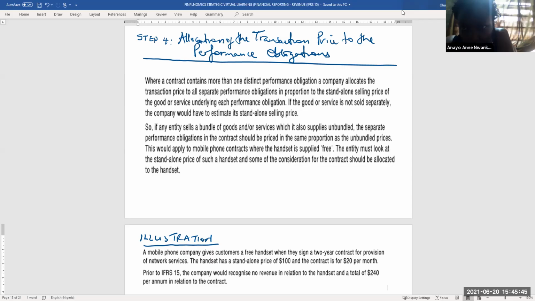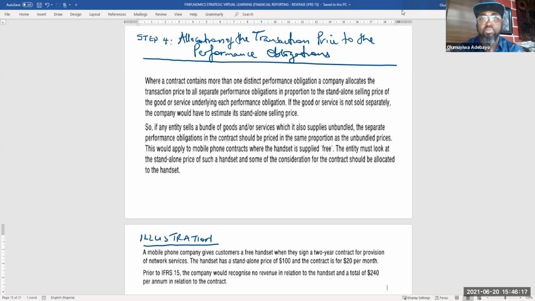The handset has a standalone price of $100 and the contract is for $20 per month. Prior to IFRS 15, the company would recognize the revenue in relation to the handset and a total of $240 per annum in relation to the contract. Okay, thank you very much.